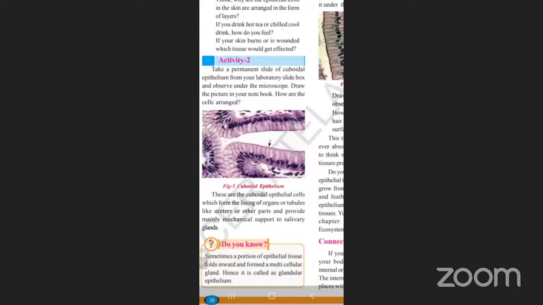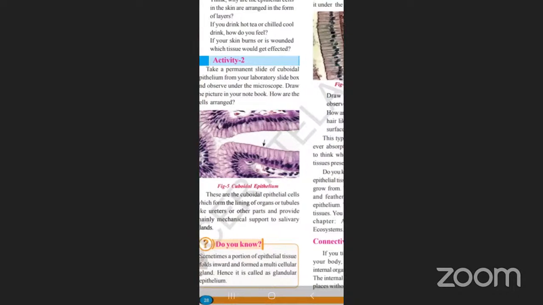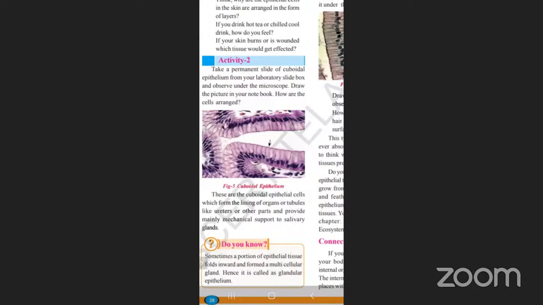Draw the picture in your notebook. As I told you, we have to maintain an observation book while you are observing. You have to draw the diagram of that observation in your observation book to compare the textual figure and the observation figure. So draw the picture in your notebook. How are the cells arranged?